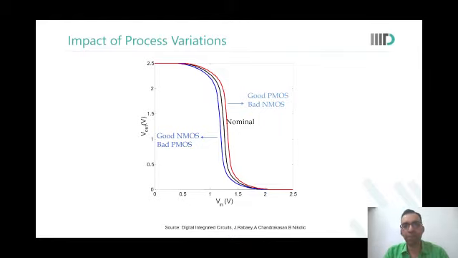But if the PMOS is faster than what we had anticipated, or the NMOS is worse than what we had anticipated, then the curve would move to this side. On the other hand, if the NMOS is better than what we had anticipated and the PMOS is worse, the curve would move to the left side.